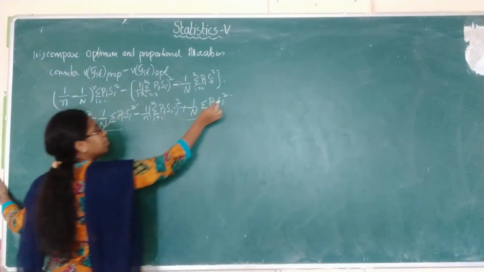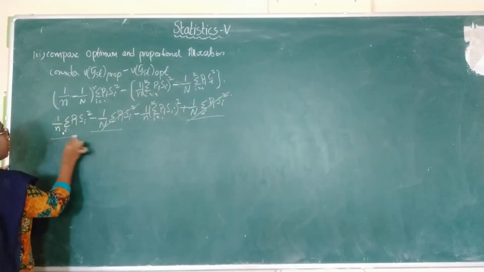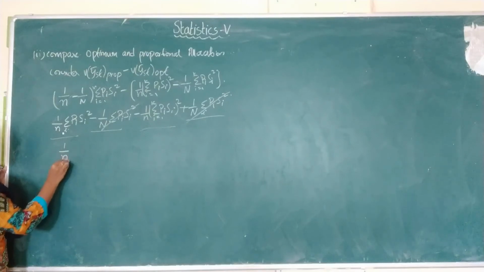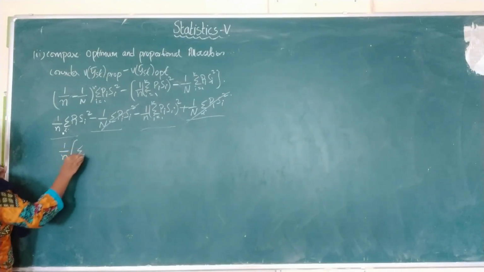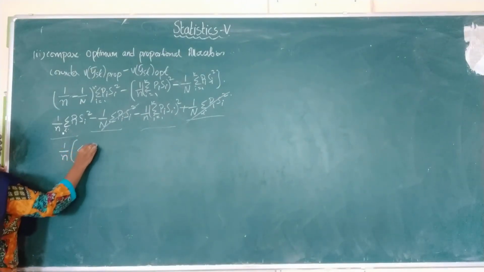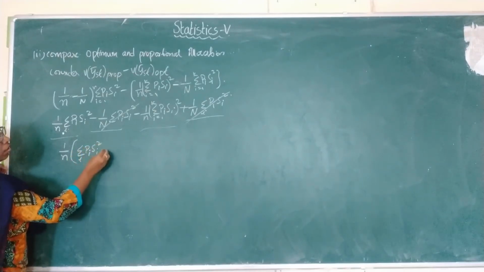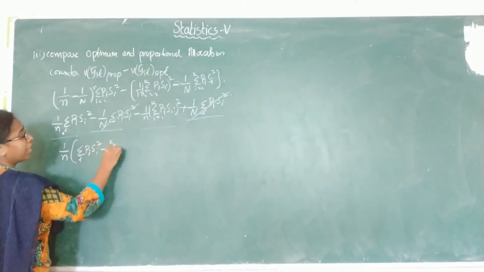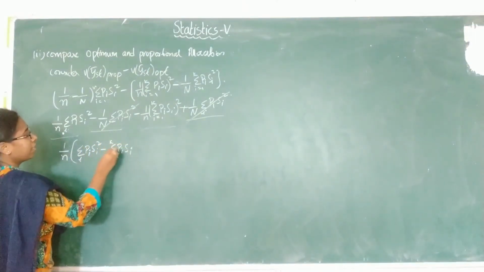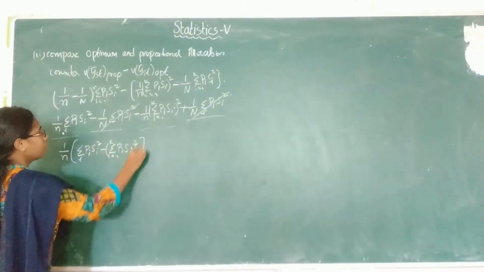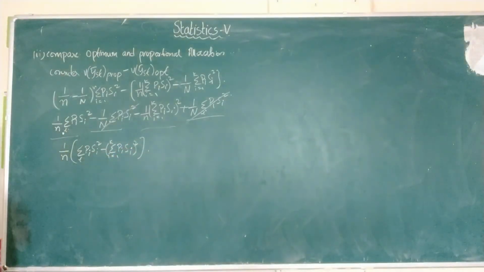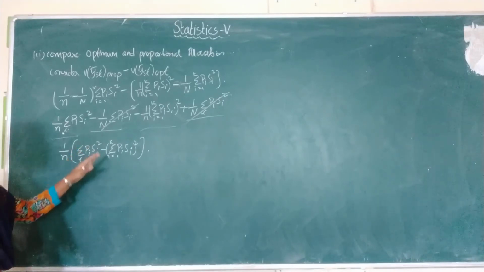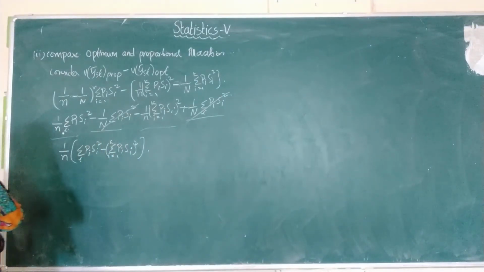So these two terms get cancelled, and from these two terms I can take 1 by n common. So 1 by n, take it as common, you will get summation over i pi si square minus summation over i equals 1 to k pi si whole square. So this is in the form of 1 by n summation pi si square minus summation pi si whole square.